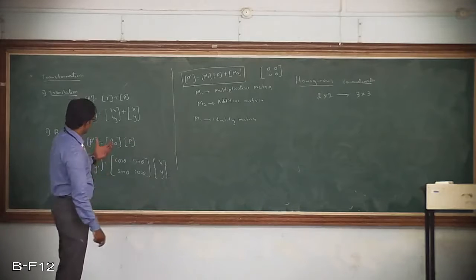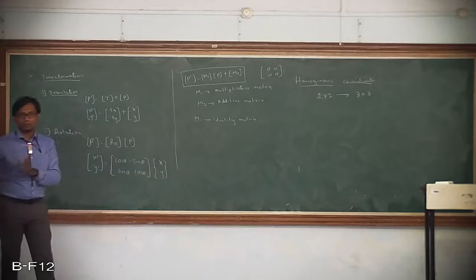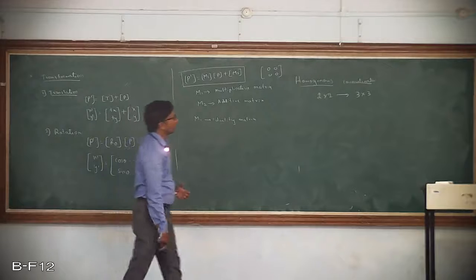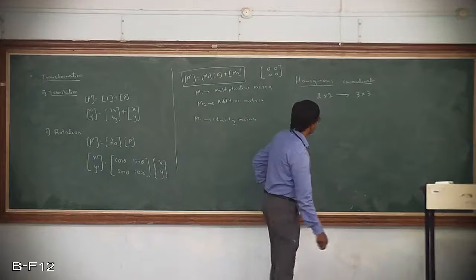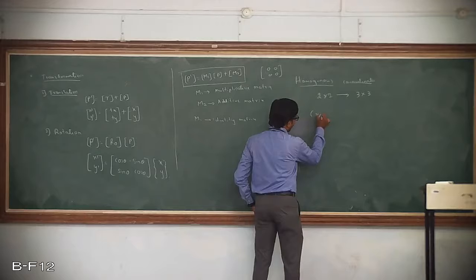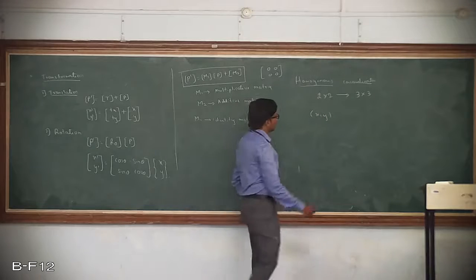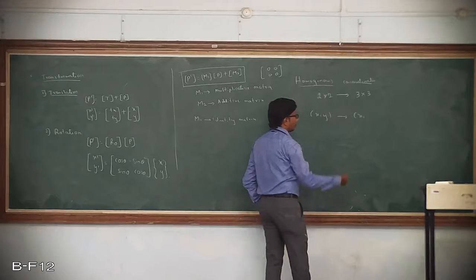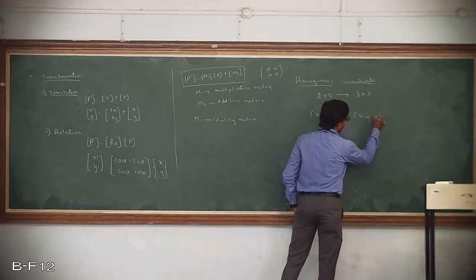For that case, we convert them into a single format using the coordinate system called the homogeneous coordinate system. Basically we have a coordinate system x comma y, and now we are converting this x comma y into a 3 coordinate system, that is 3 by 3, by including a term called h.